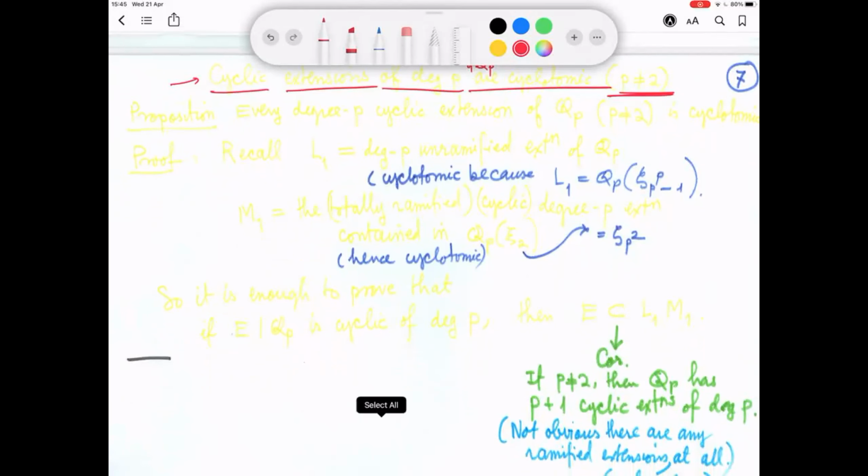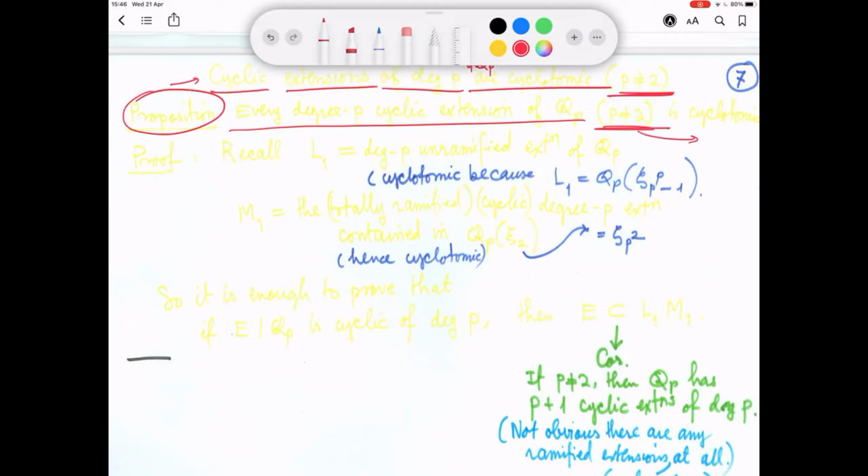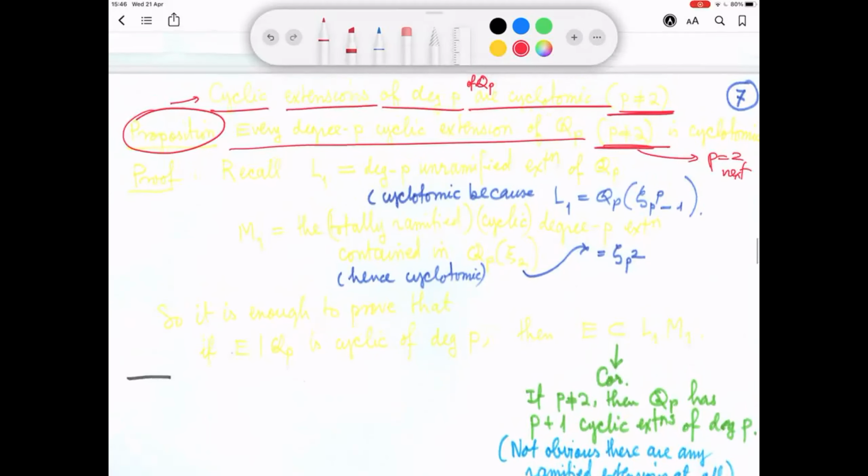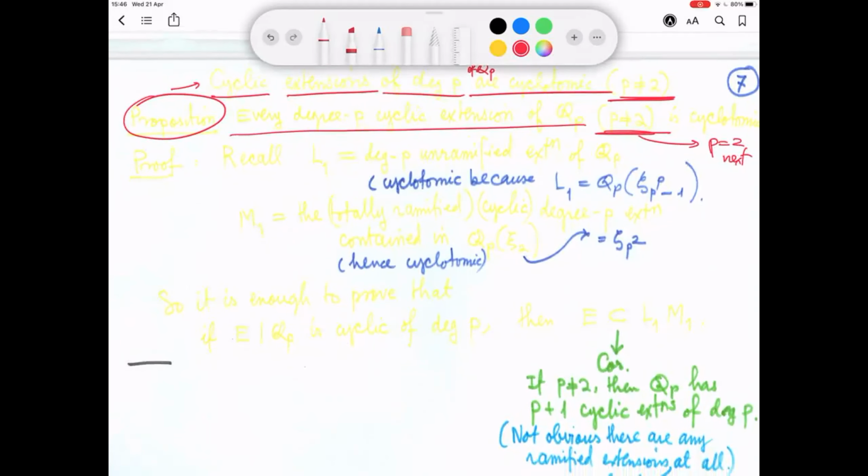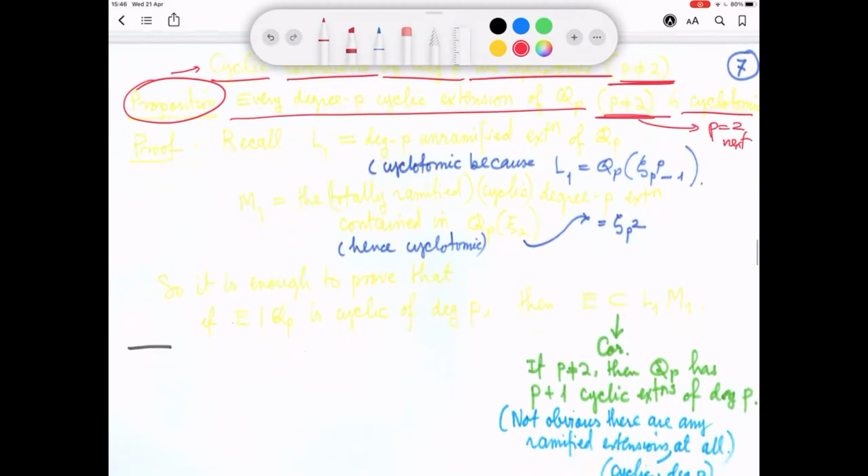So this is the proposition: every degree p cyclic extension of Qp, p different from 2, is cyclotomic. That is only for this proposition. Then we will remove p equal to 2, which will be treated next. That's the assertion.